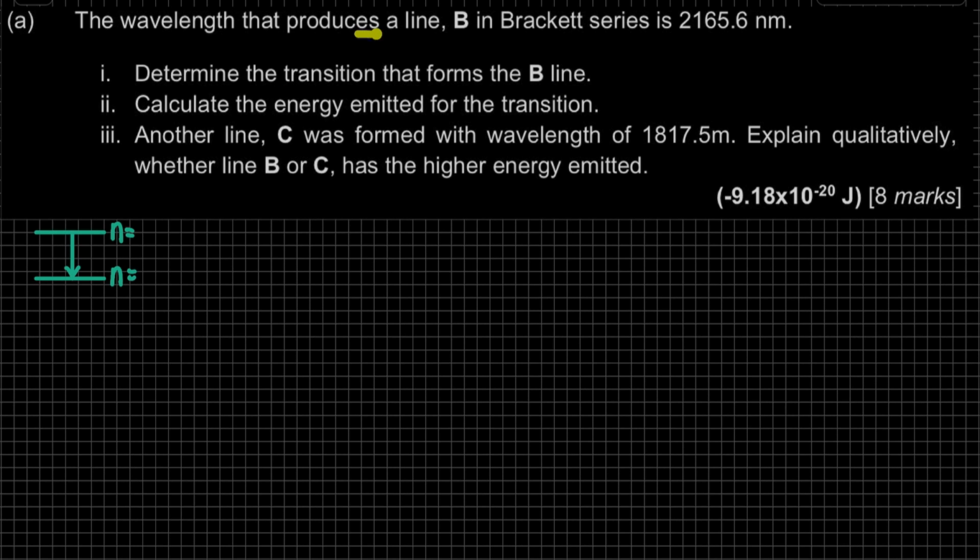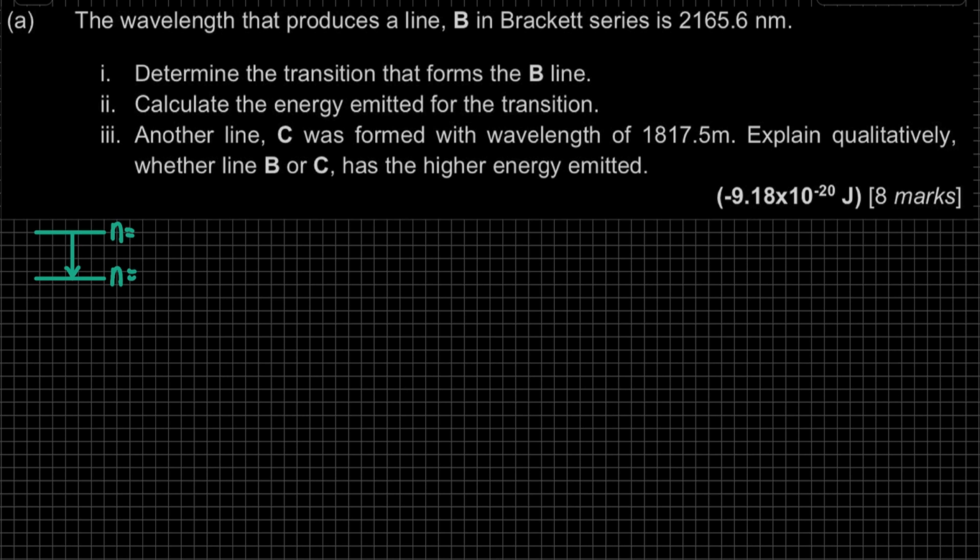To produce a line B in the Brackett series means that the electron will fall from a higher energy level to a lower energy level. When the electron falls, it will produce energy, and the photon has a specific wavelength and frequency attached to it.